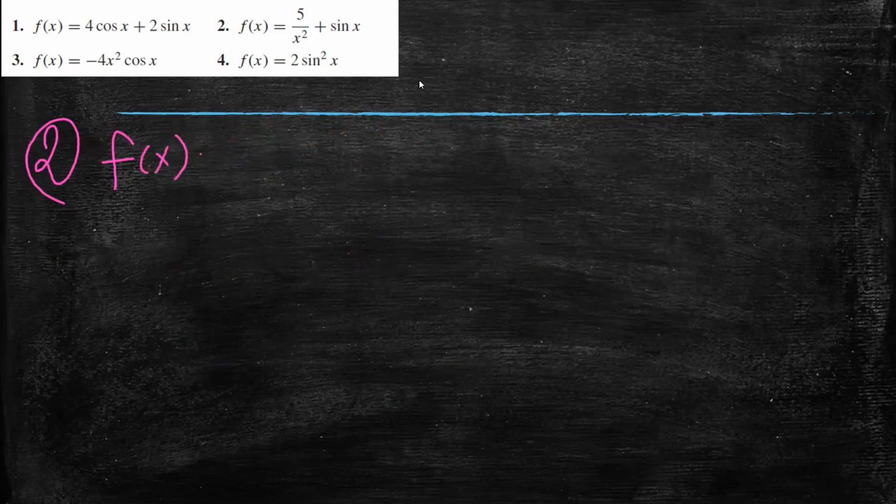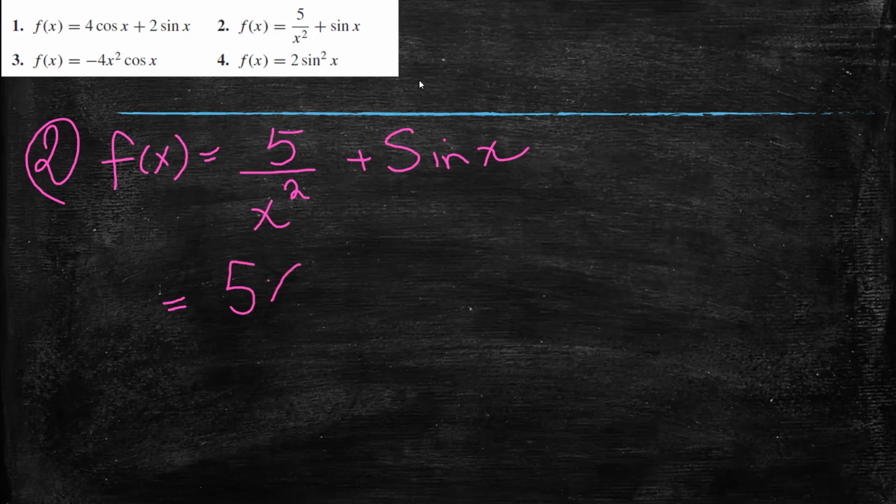Let's do now number 2. F of x is 5 over x squared plus sine x. If you want to simplify it, how can we write it? 5x to the power negative 2, plus sine x. This is f of x. Now I need to find f prime of x.